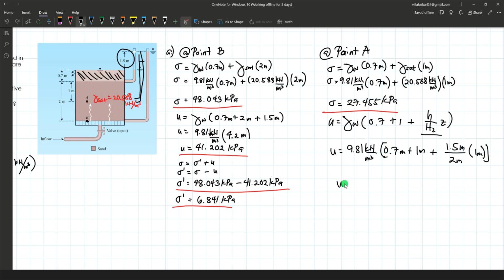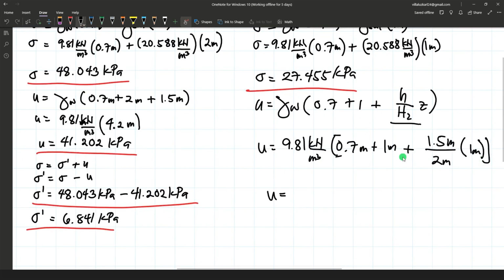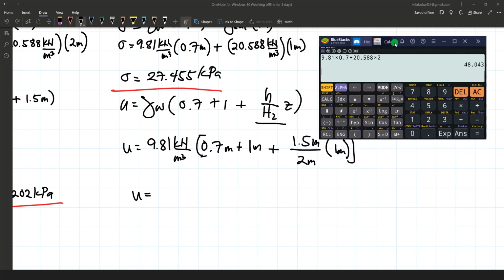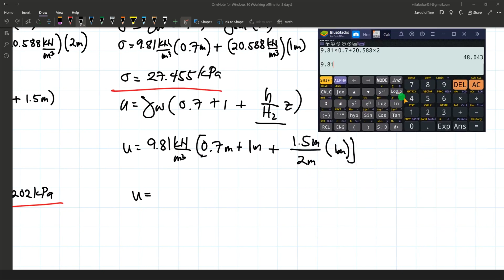Okay, so we can now compute the pore water pressure. The pore water pressure is simply 9.81 multiplied by 0.7 plus 1 plus 1.5 over 2 multiplied by 1. So that's the total pore water pressure, 24.0345 kilopascal.